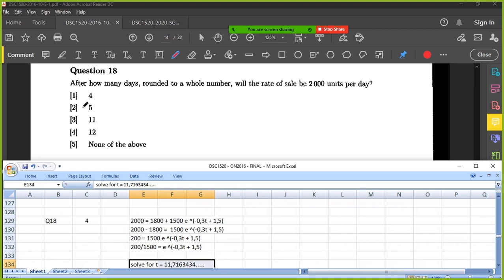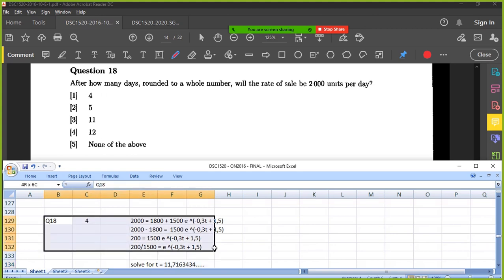Change it to a 4, change it to the 5, change it to the 11, change it to the 12. I didn't even know I can do that. So you have to plug in each one. That's correct. And then the answer will be close to 2000, rounded off, obviously.